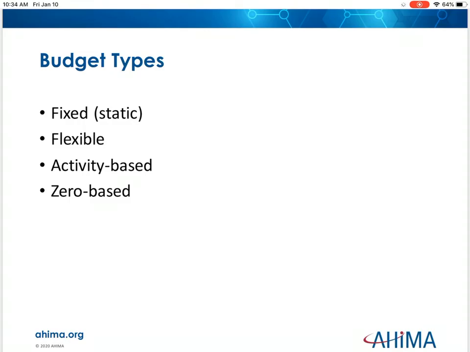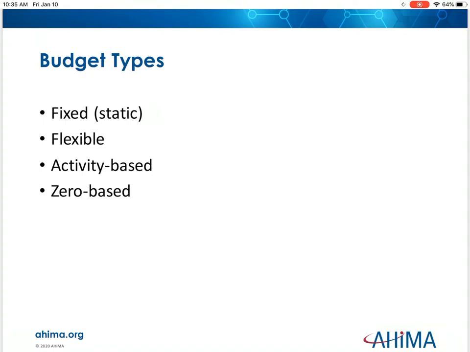But if there's a large fluctuation in the discharges, then the operating budget's not going to be right, and you're going to have a budget variance. So a budget variance is the difference between what you budget, what you plan for, and then the actual amount you spend for that item.